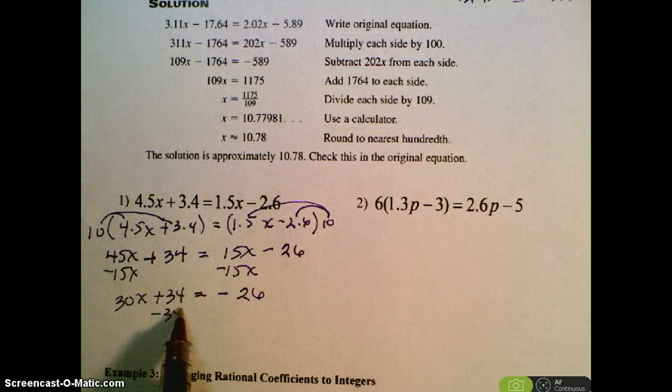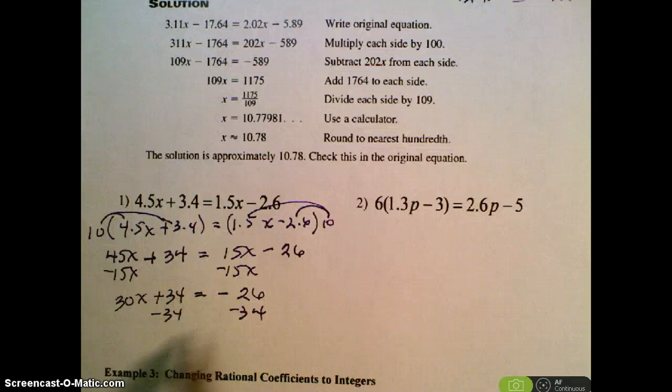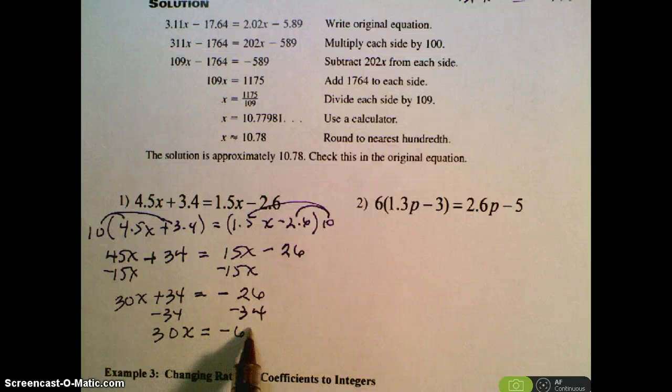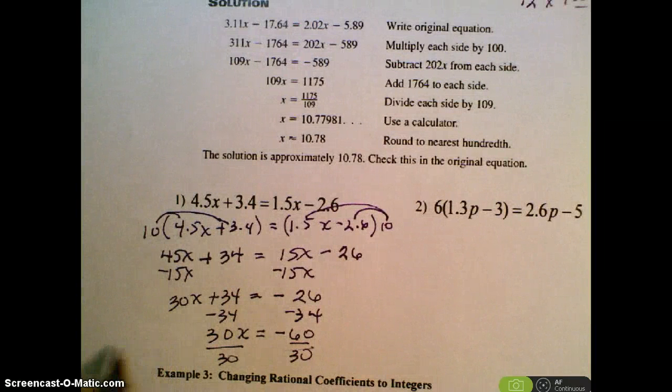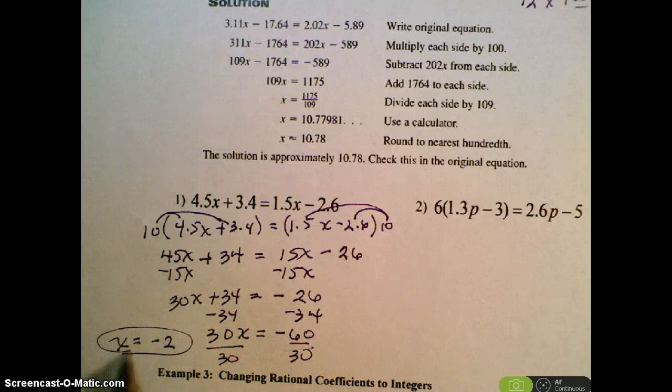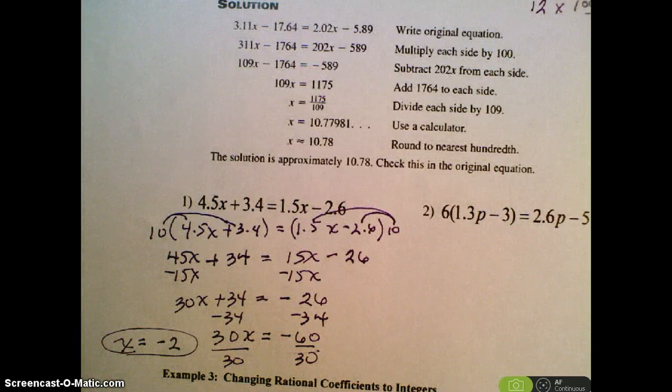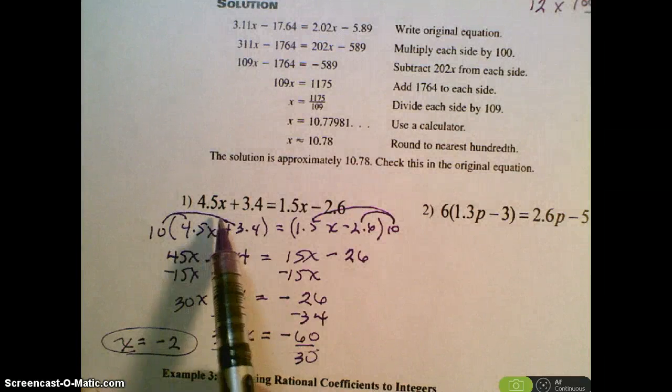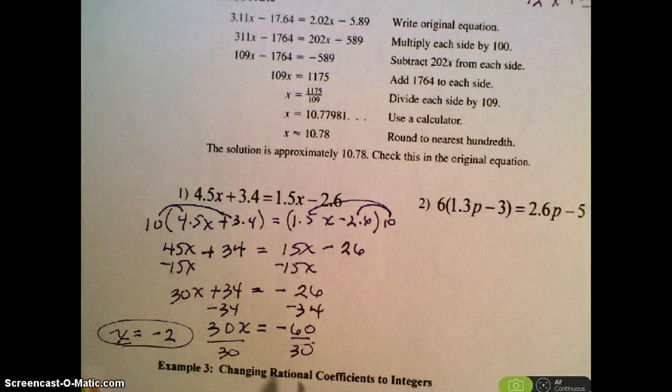And then I'm going to subtract 34 on both sides, and that'll give me 30x equals negative 60, and divide by 30 on both sides, and then I'm going to put it over here, x equals negative 2. And again, I can go back and put the negative 2, sub it in for the x in the original problem, and check both sides.